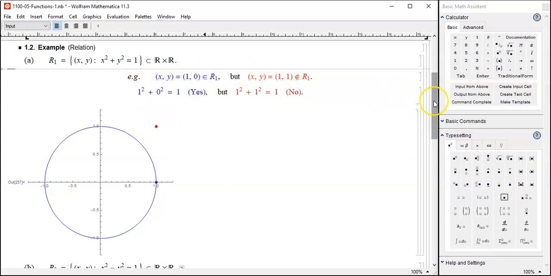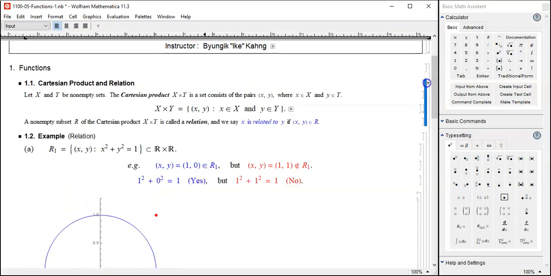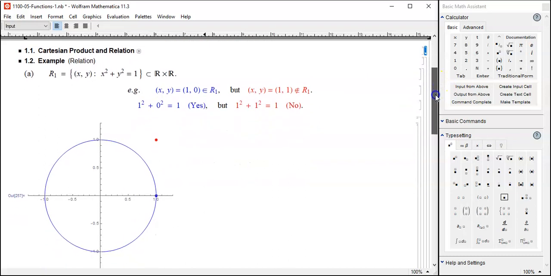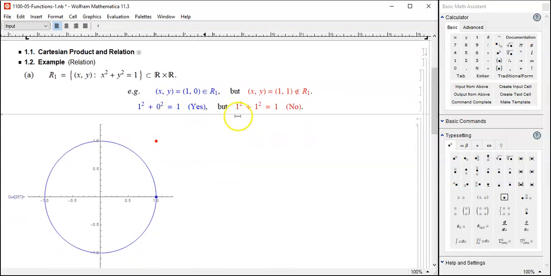Now, what if we use the same terminologies that you studied here? If we do that, we can write it like this.